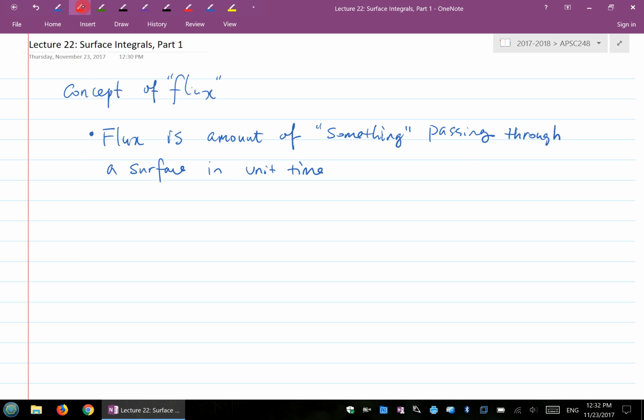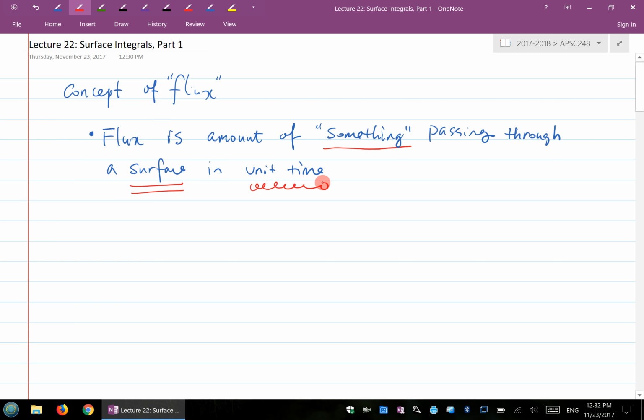So this is the very simple language description of what a flux is. The keywords here are the amount of something passing through a surface in unit amount of time.